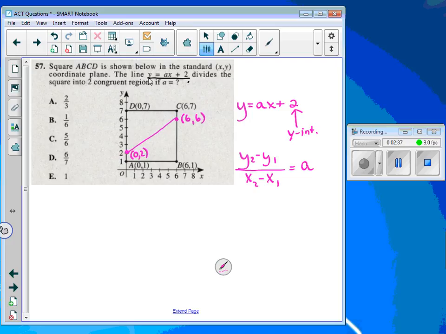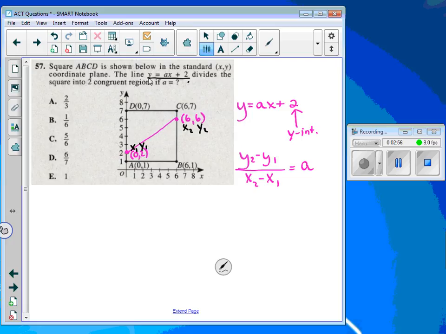So let's go ahead and take those 2 points, subtract the y values, and subtract the x values. So we'll call this x2 and y2, and here will be x1 and y1.